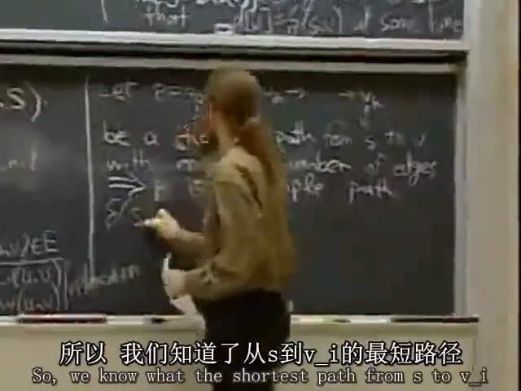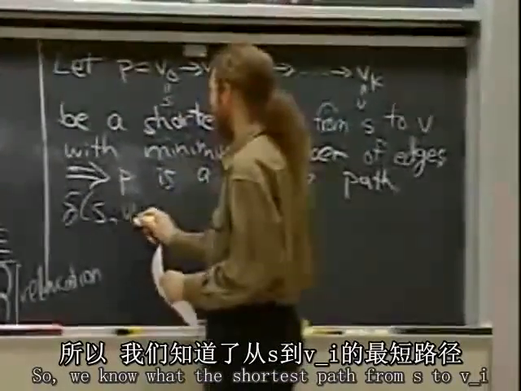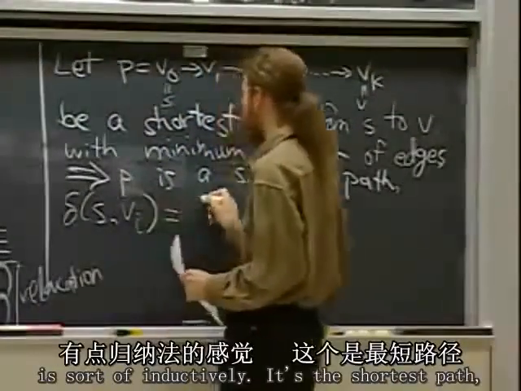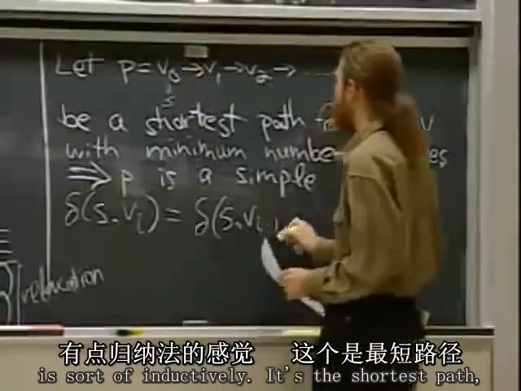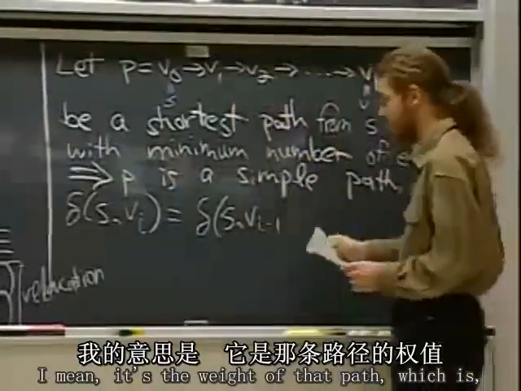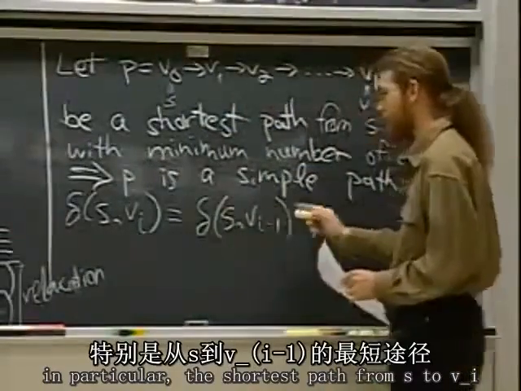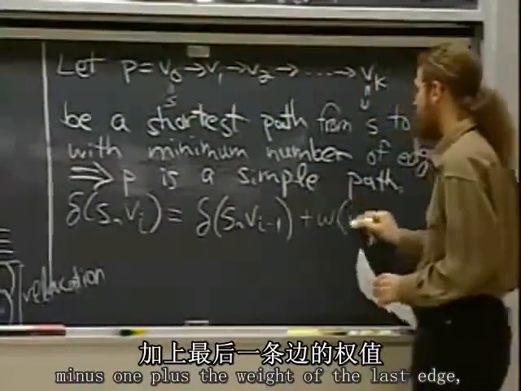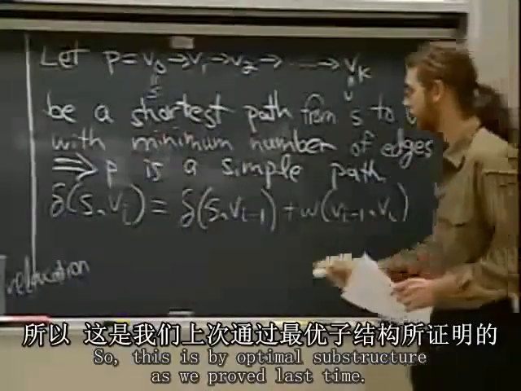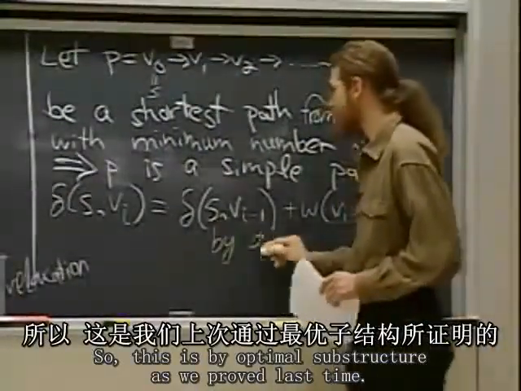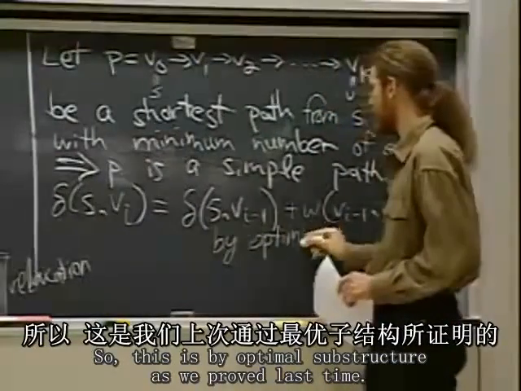So we know what the shortest path from s to vi is. Sort of inductively, it's the weight of the shortest path from s to v i minus 1 plus the weight of the last edge, v i minus 1 to vi. So this is by optimal substructure, which we proved last time.